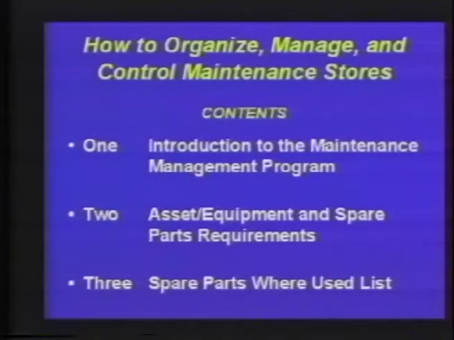The third element is the spare parts where used list. And this is really a key element for the storeroom, because if the spare parts where used list is developed properly, I will guarantee, if you follow the procedures and the outline that we're going to review in this section, you should not have any obsolescence in the storeroom.